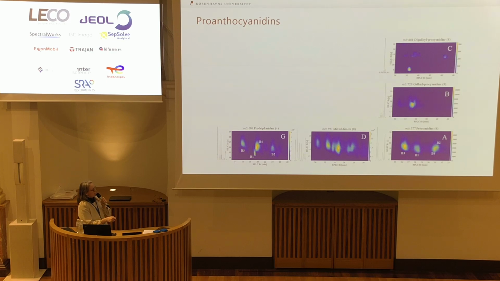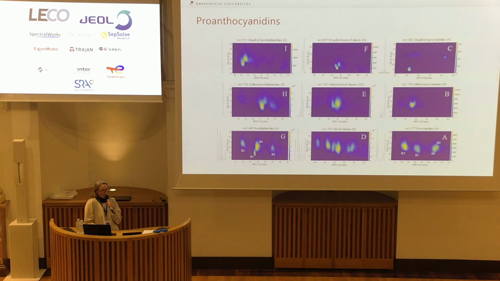And the same with different types of monomers. So when the monomeric units in the dimers become heavier, they move to lower and lower reverse phase retention time and higher HILIC. So it's very systematic, and you can also see the galloylated forms of these different types of dimers.